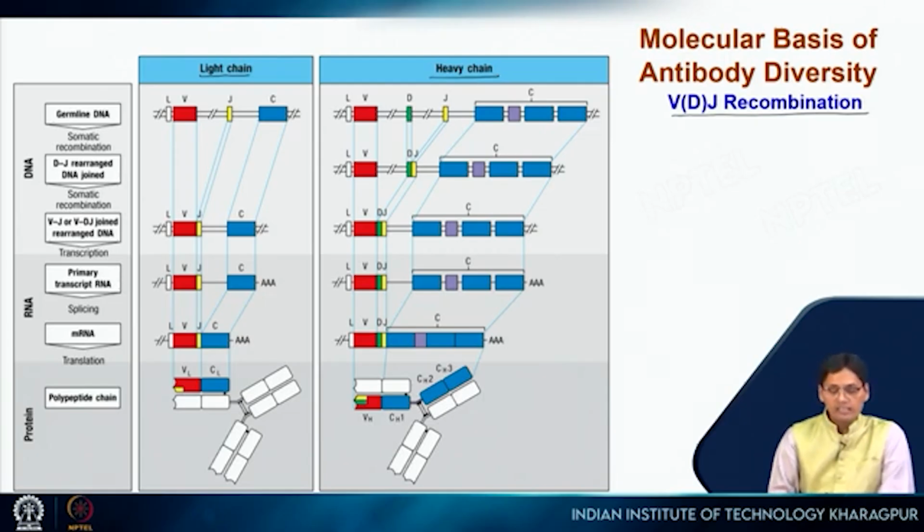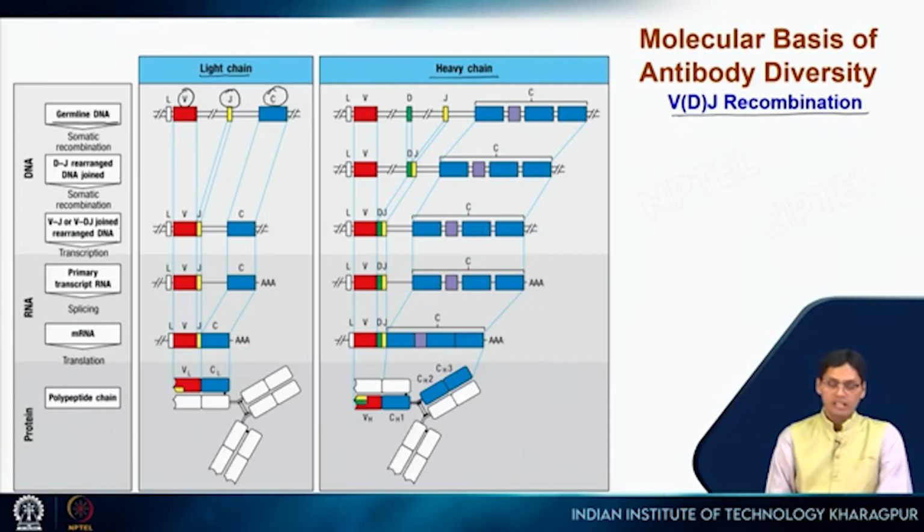In the light chain, this is the DNA level we are showing, the germline DNA. This is the variable region segment, this is the joining region segment, and another one present here is the constant region of the light chain.